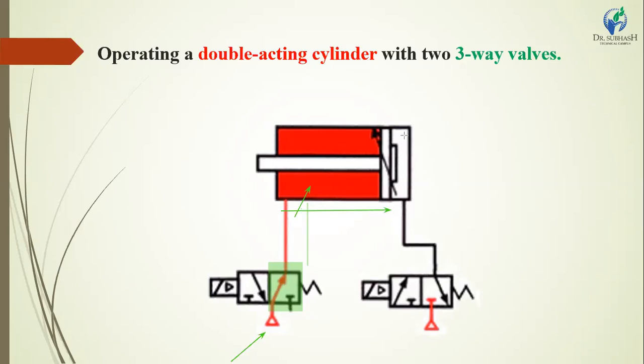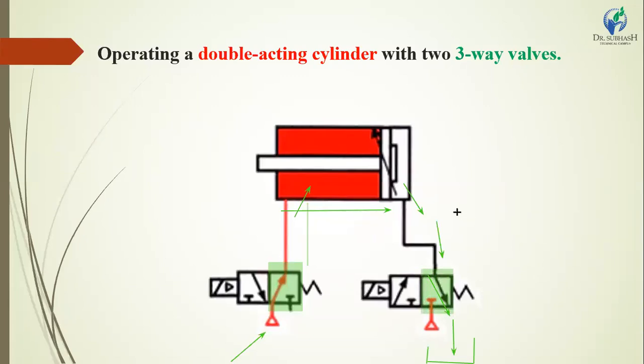And on the secondary side of the piston, the hydraulic oil is drained from the hydraulic cylinder to the direction control valve, and from the direction control valve to the hydraulic tank, where you have to attach one hydraulic tank so the oil can drain into the hydraulic tank. Here, for the secondary side, the second valve is in its second position.